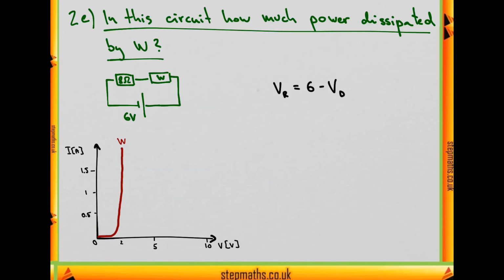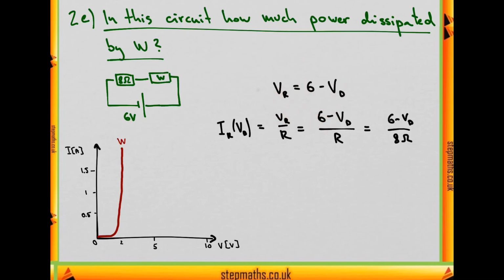So one thing we know for sure is that the voltage on the resistor is the total voltage supplied minus the voltage of the diode by Kirchhoff's voltage law. And now let's try and express the current through the resistor in terms of the voltage on the diode. That will be the voltage on the resistor divided by the resistance, and this voltage on the resistor can in turn be expressed with our first formula as 6 minus Vd, and that's (6 minus Vd) over 8 ohms.